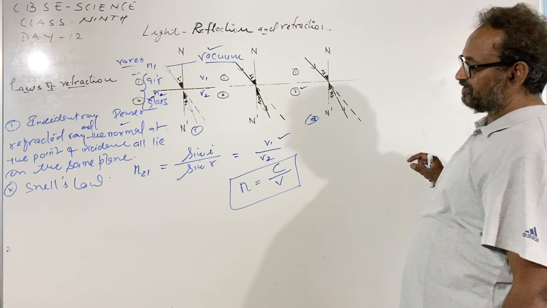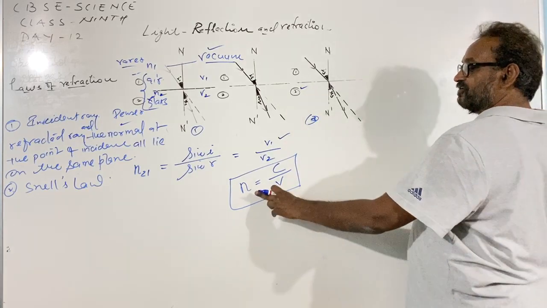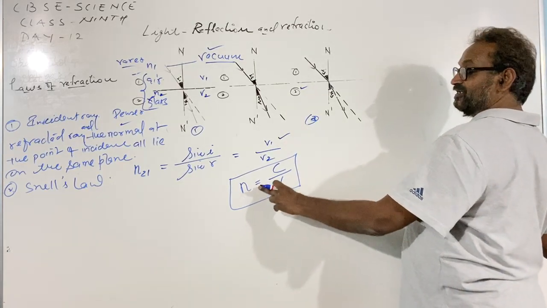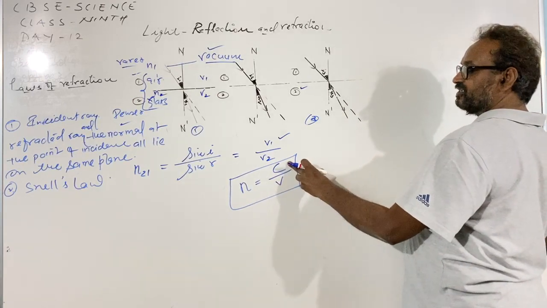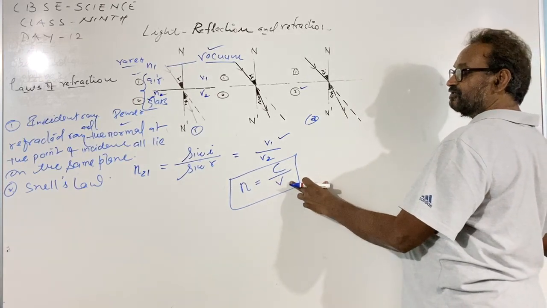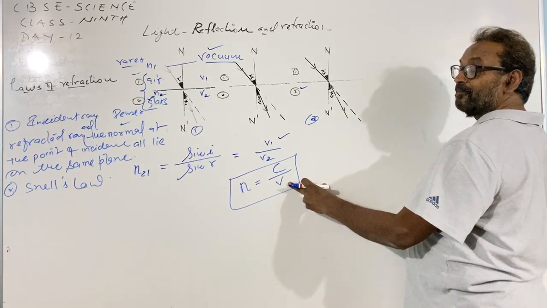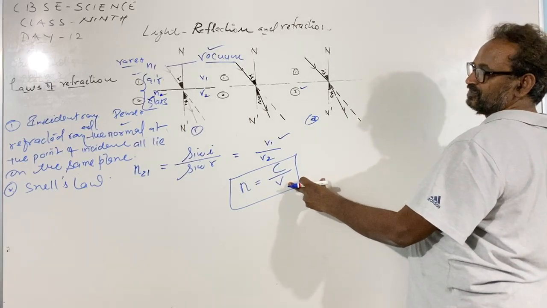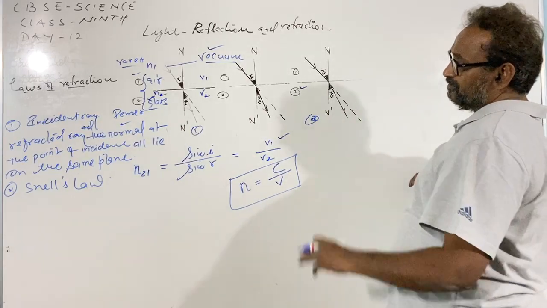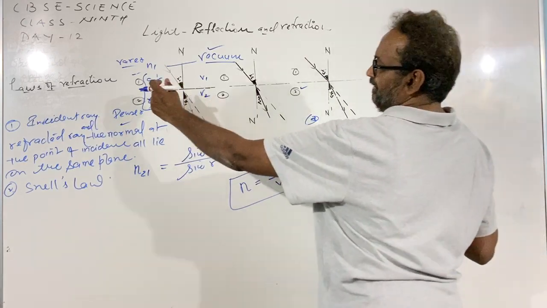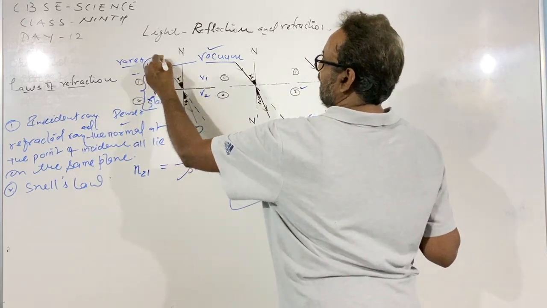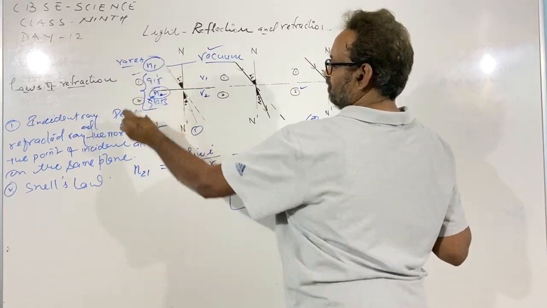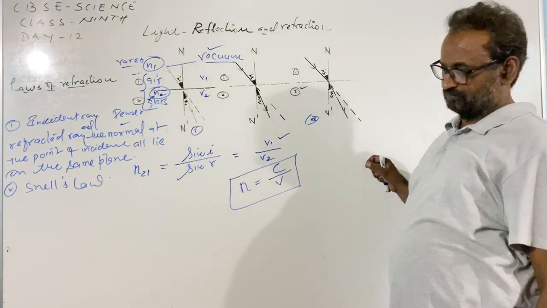What is absolute refractive index? Absolute refractive index is defined as the ratio of velocity of the light in the vacuum to the velocity of the light in the medium. Now, we have two media such that their absolute refractive indices are n1 and n2.